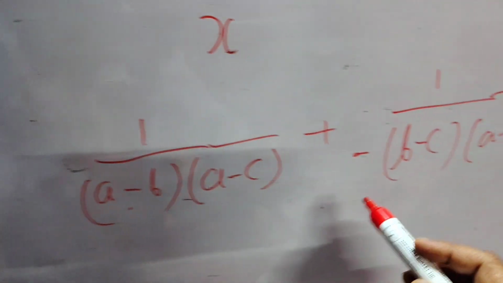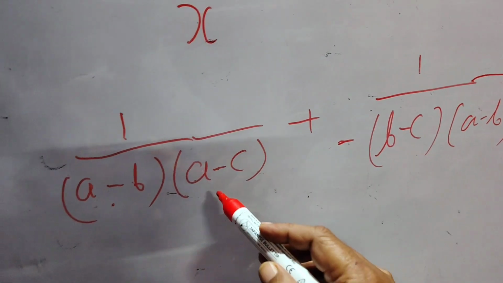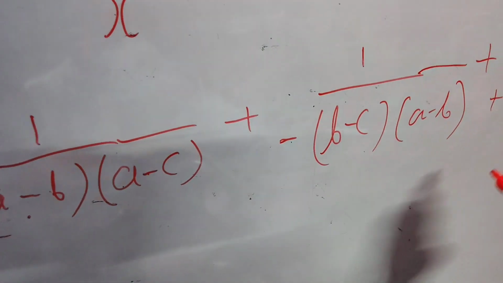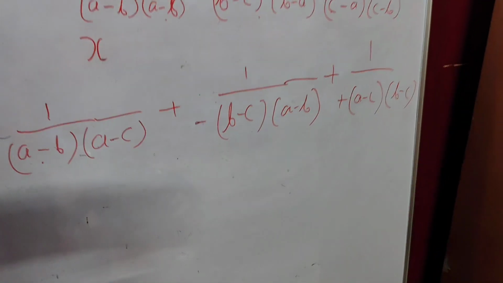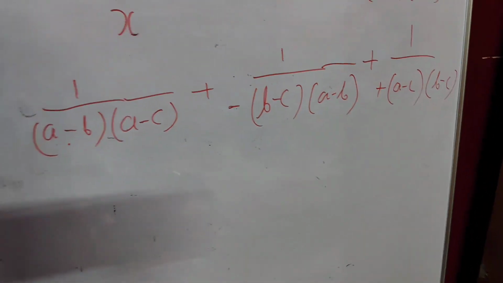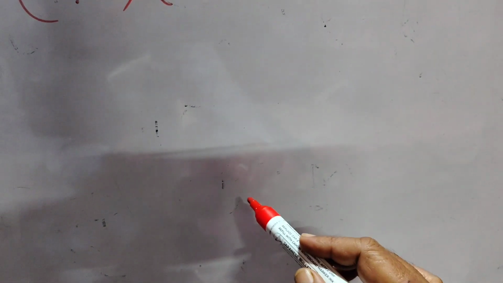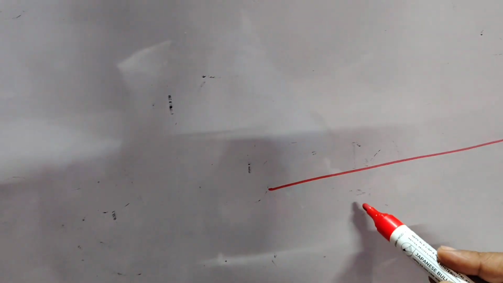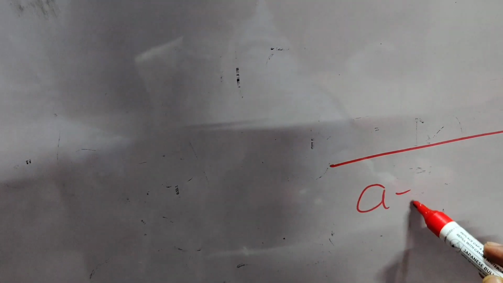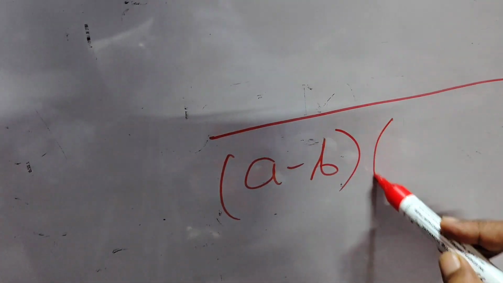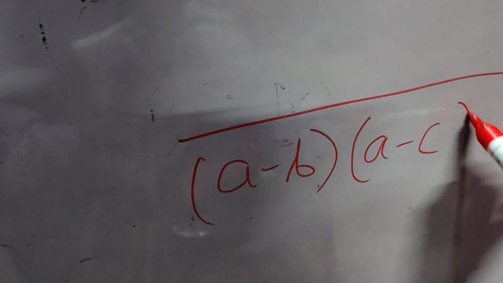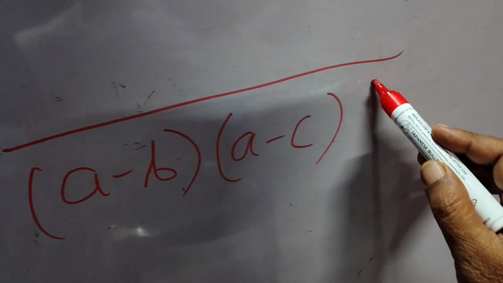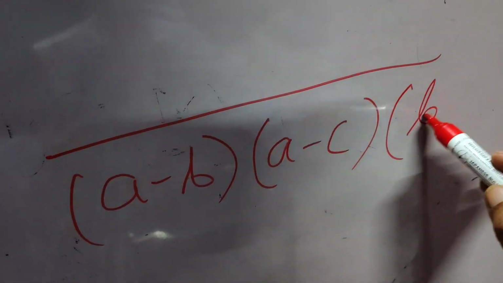I have a minus b, a minus b, I have a minus c, a minus c, and I have b minus c, b minus c. So it's very clear. If I take the LCM, it will be a minus b, then a minus c, and then b minus c.